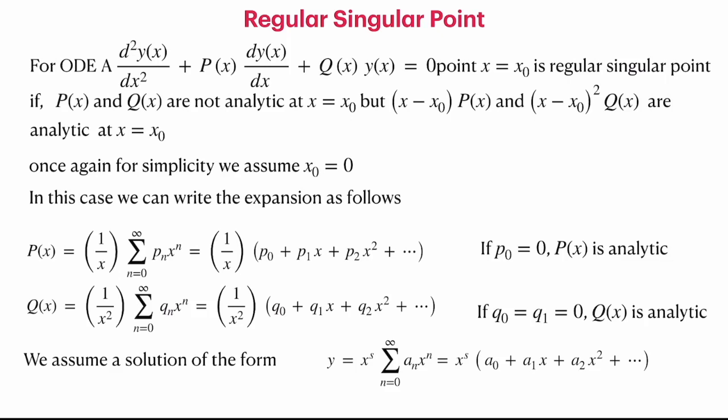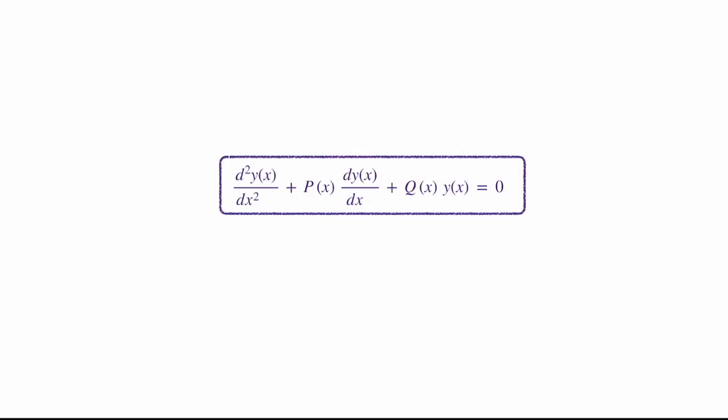We have seen that this is similar to the Laurent series in complex analysis. Now we have to determine these coefficients a i's and the power s from the ordinary differential equation given to us in the above form. Let us follow the steps involved in solving this differential equation.